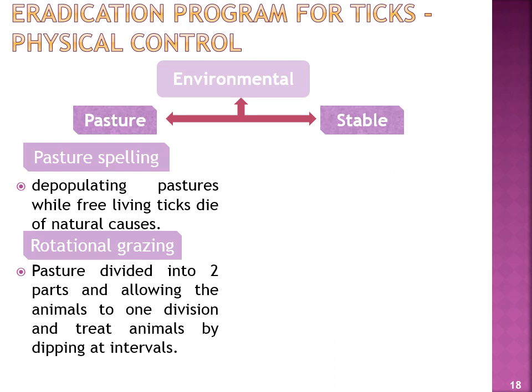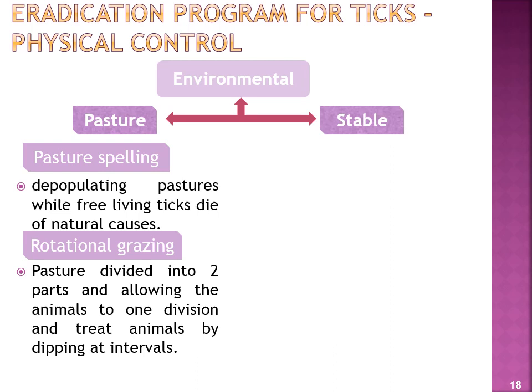Treat the animal with any suitable chemical, then stay in this division until the longevity period, which usually varies according to the climate and weather in the place. After the longevity period, allow the animal to the other division after treatment, and leave the first division for the longevity period for the larvae to die, since they didn't find a suitable host.